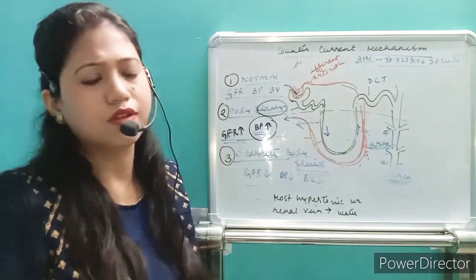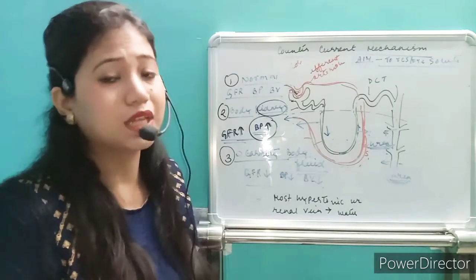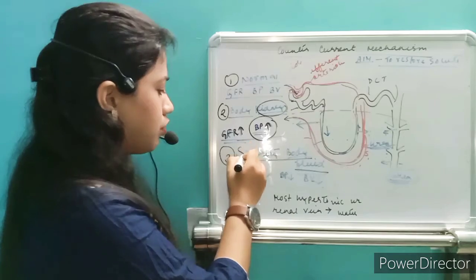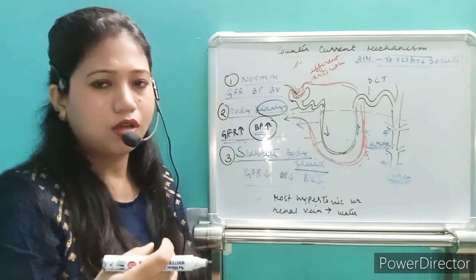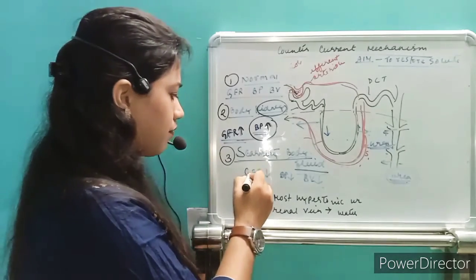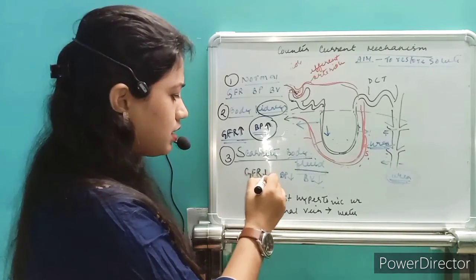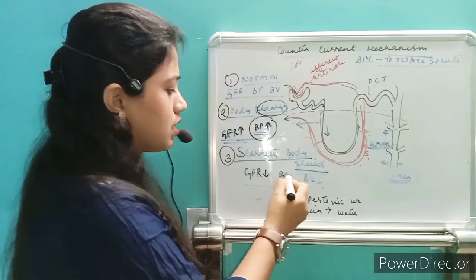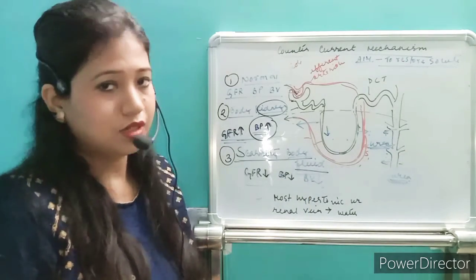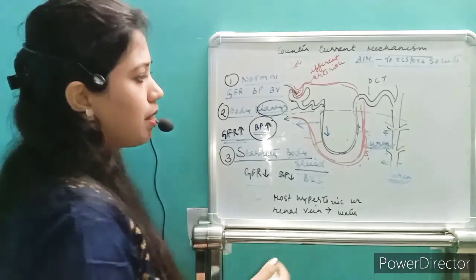Suppose we are not drinking water for a long period of time, then what can happen? If you have less body fluid, meaning you are not drinking water, then obviously GFR will decrease. GFR is decreasing means blood pressure is decreasing. Blood pressure is decreasing means body volume is also decreasing. So in this condition, what will happen?